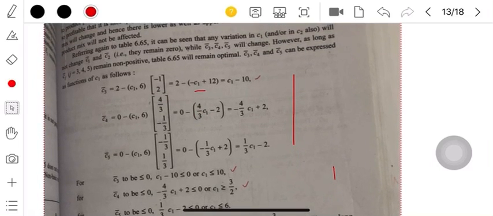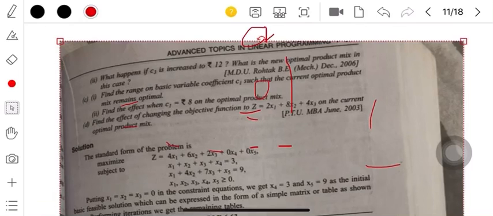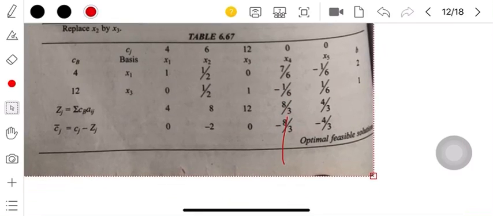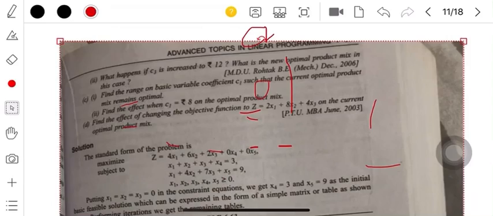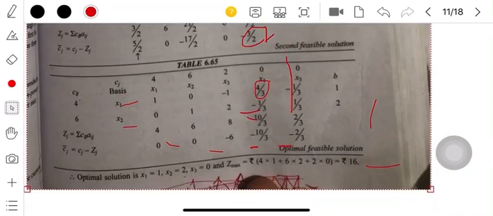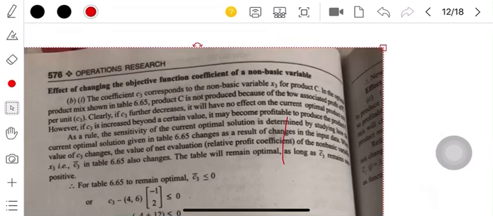So go to the previous one. This is the case, so this is C3, C4, C5. We have to calculate these values after adjusting the value of C1.